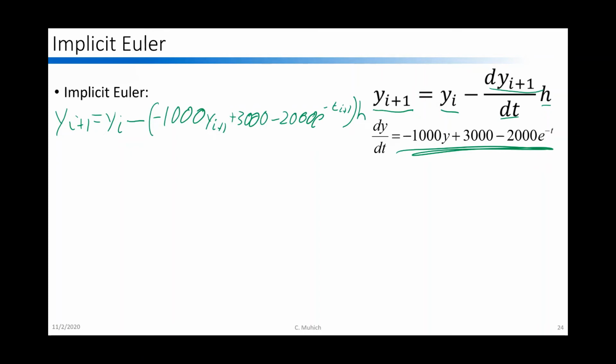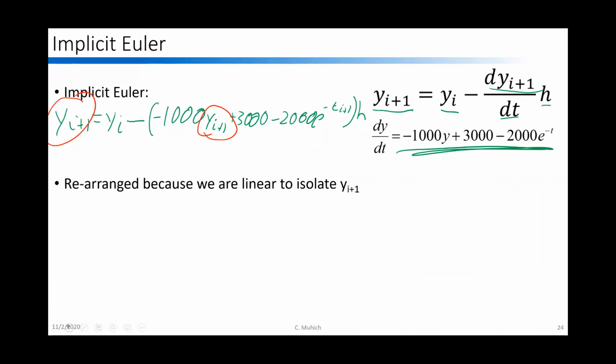Now we want to see if we can isolate this y_{i+1} all on one side. Luckily, in this case, it's linear in y_{i+1}. I don't have squared terms or anything else, so I'm able to linearize this.